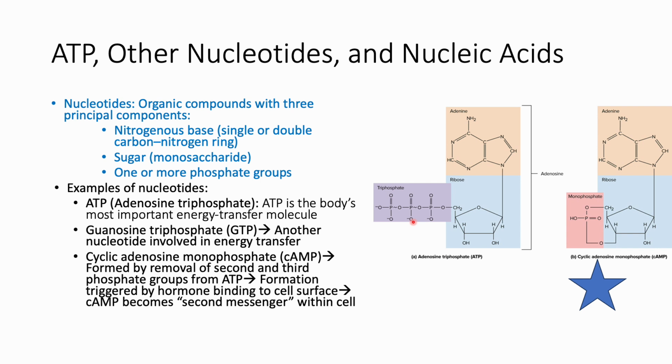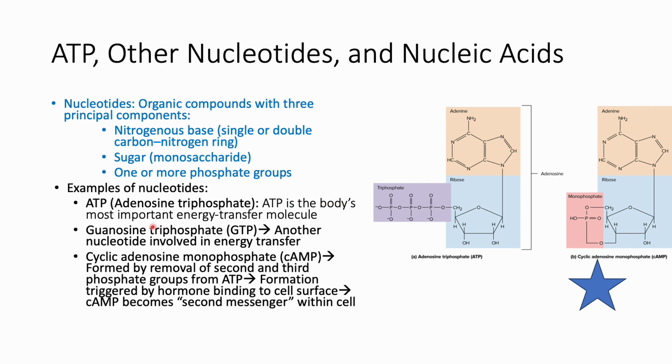So a nucleotide will have a nitrogenous base, a sugar, and one or more phosphate groups.